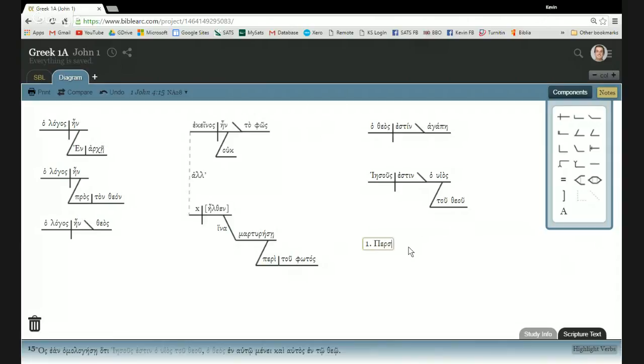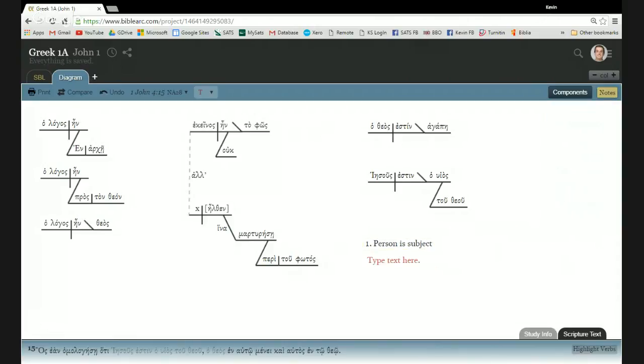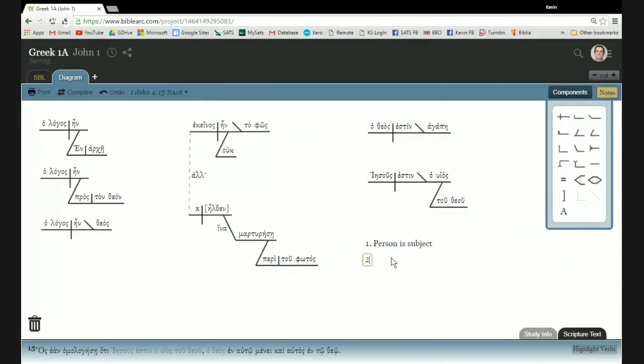a personal noun is the subject. Number two, a personal pronoun is the subject.